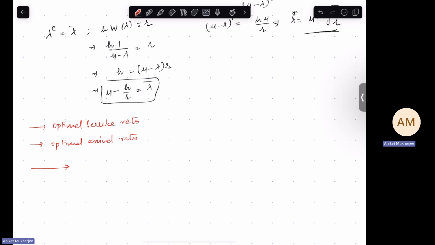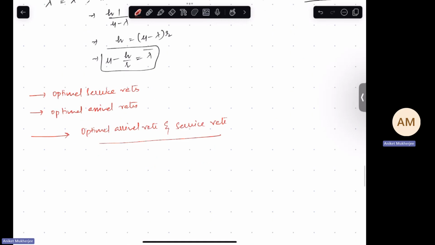The next class, we will see optimal arrival rate and service rates. I'll just give a brief introduction of what we'll see in the next class.